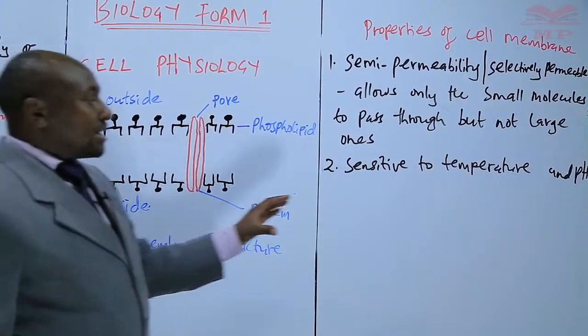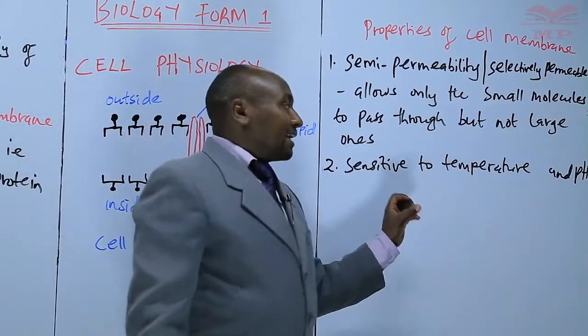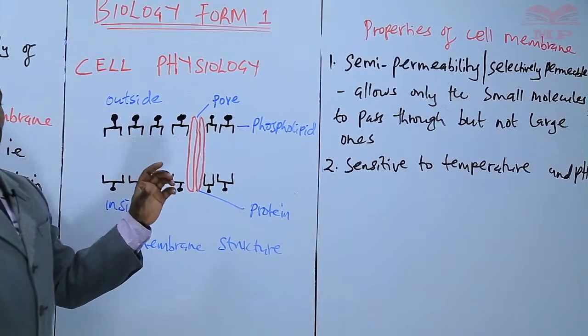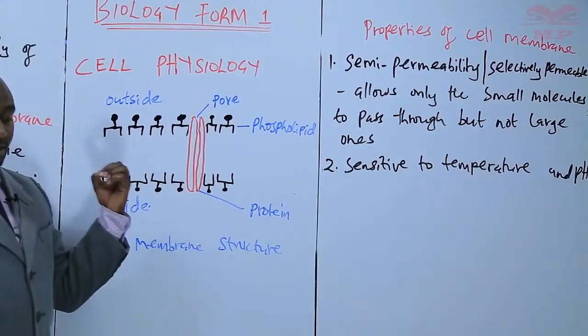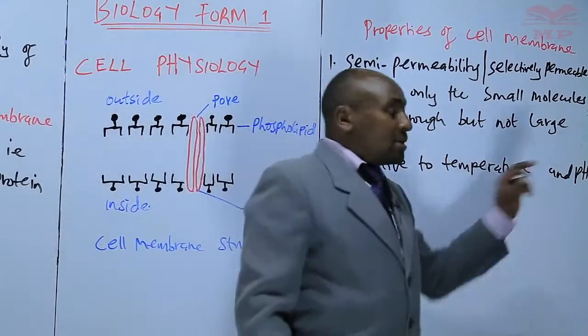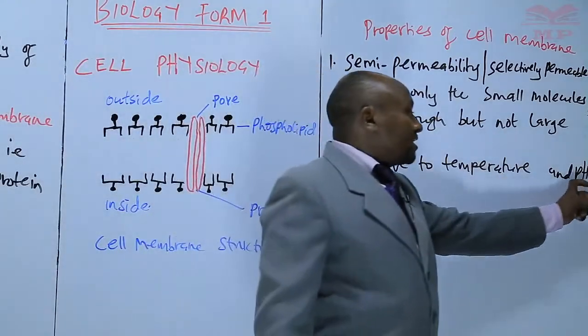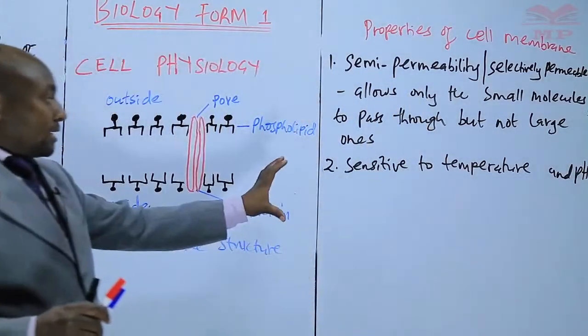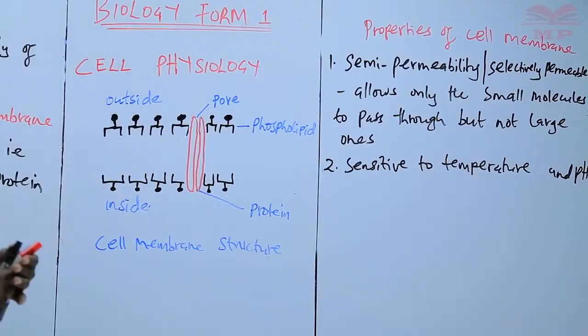If the temperature is too high, then the cell membrane is affected. If the temperature is too low, it's also affected. Same case applies to the pH. pH is the degree of acidity or alkalinity.